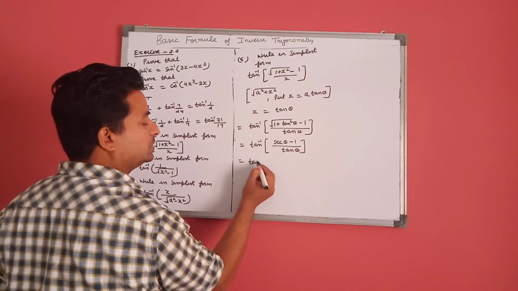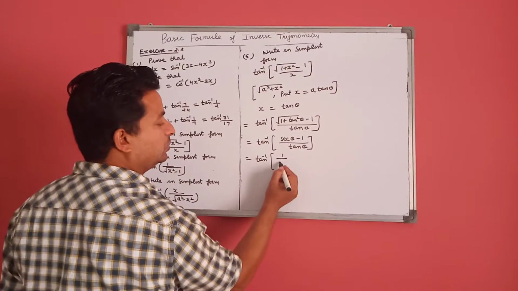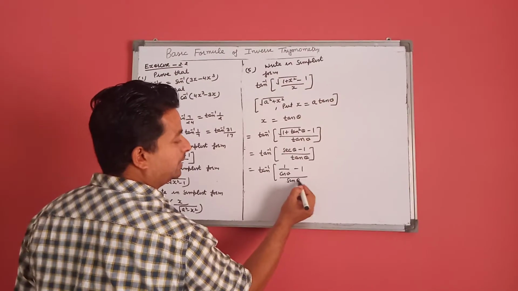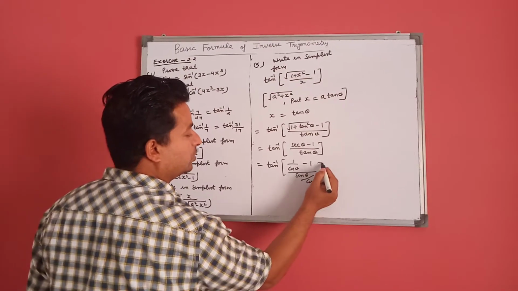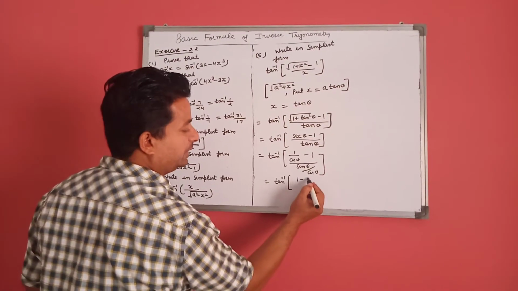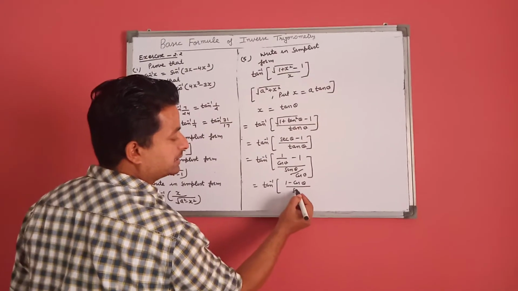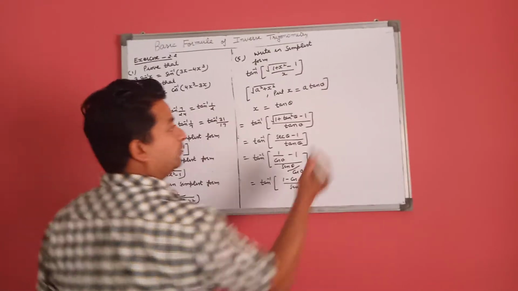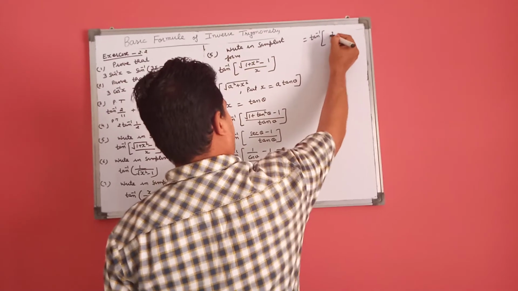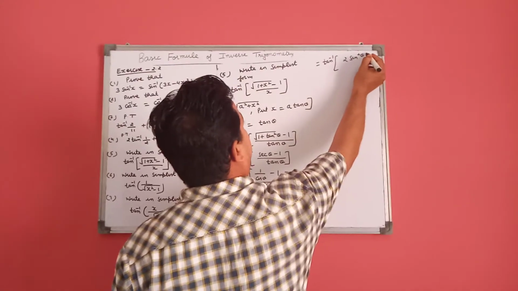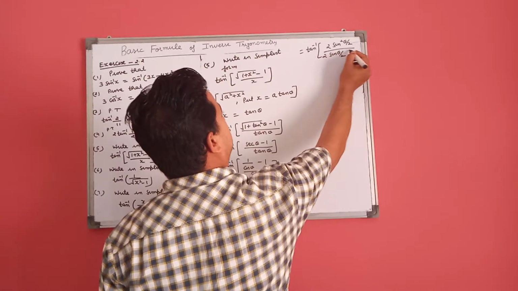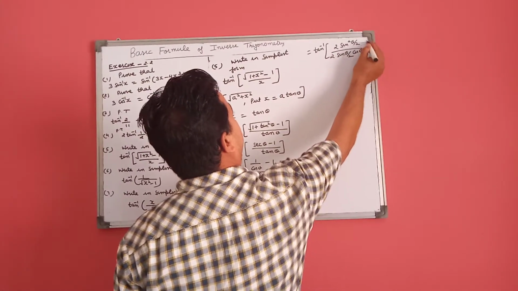As we know, secant theta is equal to 1 over cos theta, and tan theta is sin by cos. Take LCM, we get 1 minus cos theta by sin theta. The formula of 1 minus cos theta is 2 sin square theta by 2 and sin theta is 2 sin theta by 2 cos theta by 2.